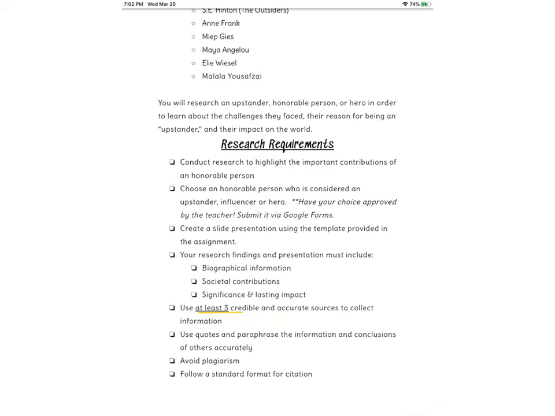You're going to use websites, but you have to make sure they're credible. Use quotes and paraphrase the information and conclusions of the others accurately. Avoid plagiarism. Do not just copy and paste the quotes. And you're going to follow a standard format for citation. So go back and look at the choices and decide who you would like to research.